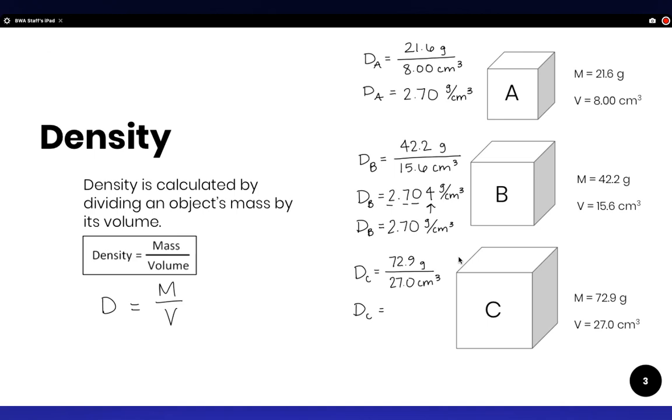That is equal to 2.7, and I need 3 significant digits, so I'm going to add a 0, grams per centimeter cubed.